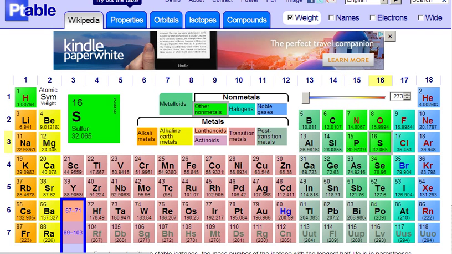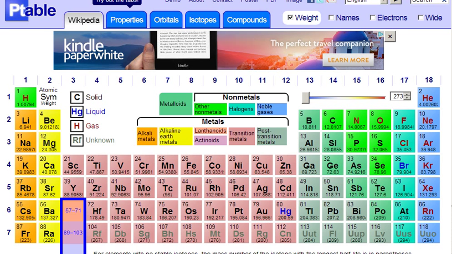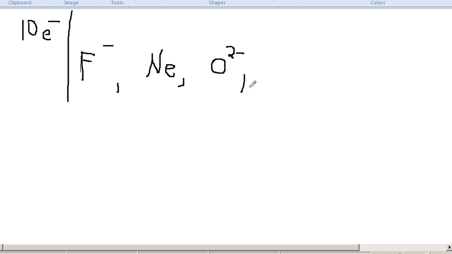It would have to be a -3 charge for the nitride ion to have 10 electrons total. 7 for the neutral nitrogen, plus 3 more, so it has a charge of -3. Every additional electron above and beyond the neutral element is going to subtract 1 from the charge. So it'll be like going from 0 to -1 when you add 1 electron, to -2 when you add 2, to -3 when you add 3. So nitride ion, N3 minus.